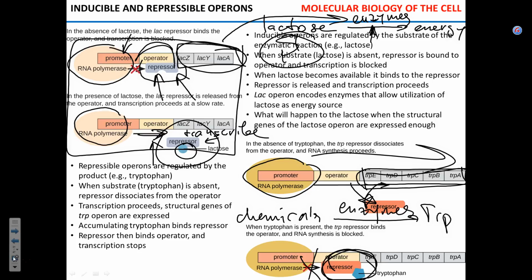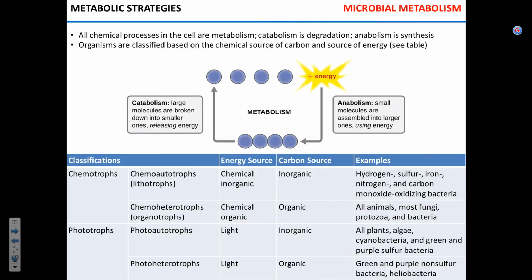I will give you a description of how some generic operon works and you will have to tell me whether it's inducible or repressible. I will give you a description and you have to tell me this is the substrate and it induces, or this is the product and it suppresses. Does that make sense? So please know this stuff. Okay?